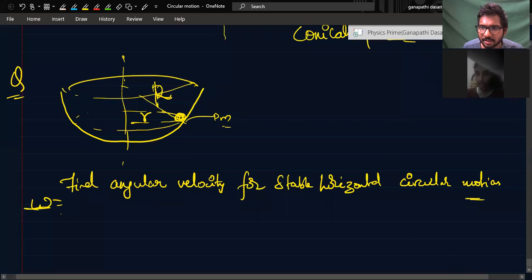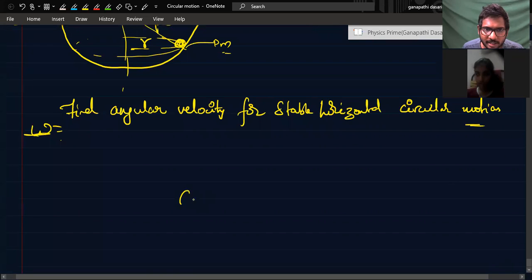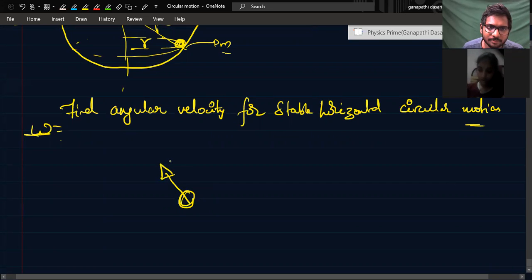If you draw the free body diagram for this ball, there will be a normal reaction like this, which is perpendicular to the surface, right? That means it will pass through the surface like this. If this is theta, this will become theta, right?